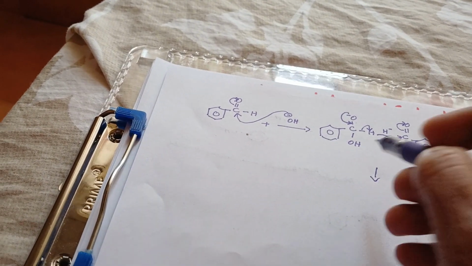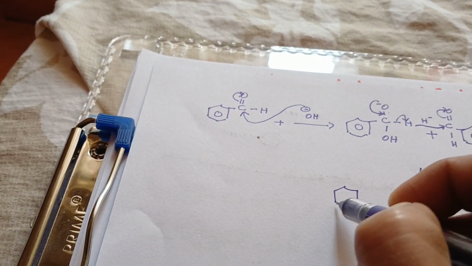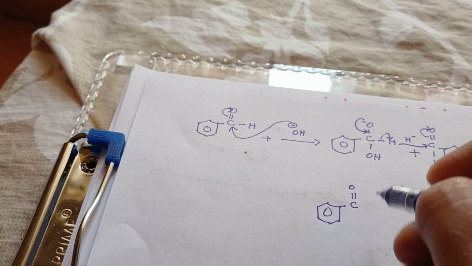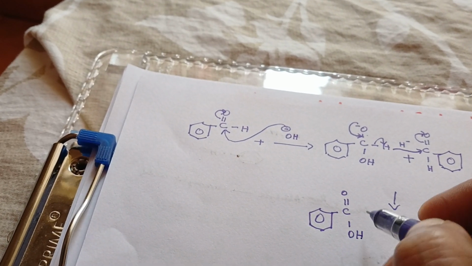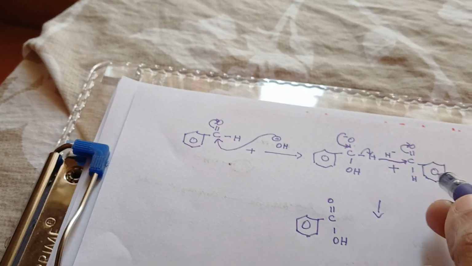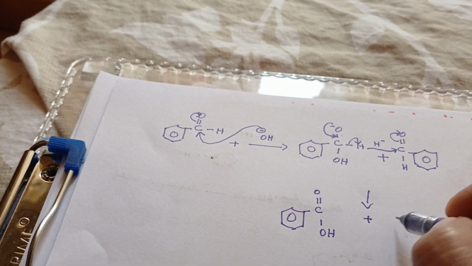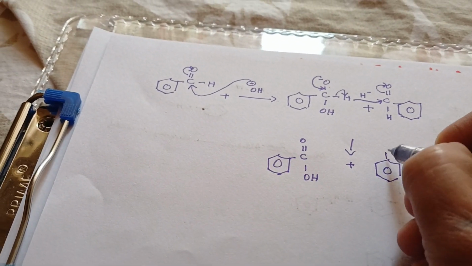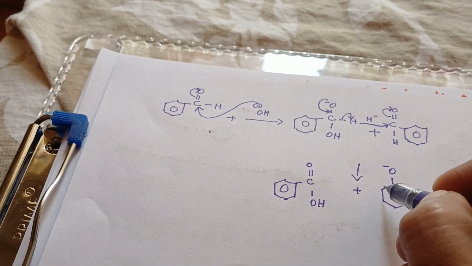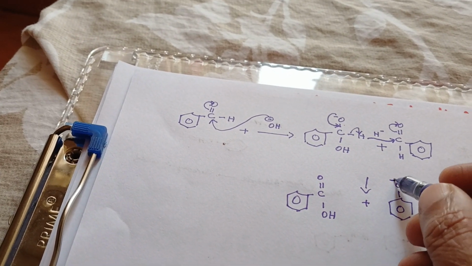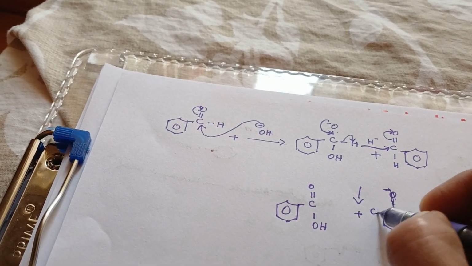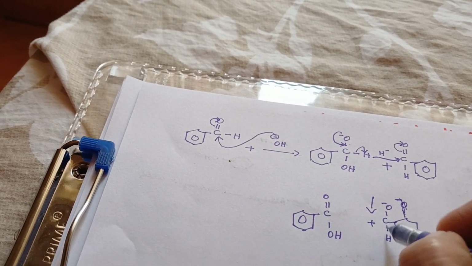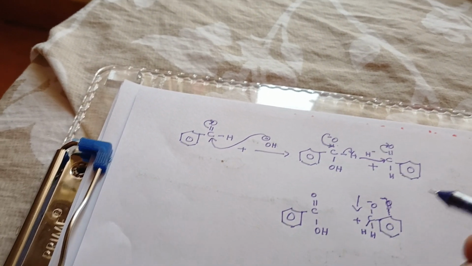Now let us see. We will be having this with carbon, double bond O and OH. But this hydrogen is gone as the hydride, and you are having this benzaldehyde molecule with carbon, O minus, and one hydrogen here, and the hydride ion which shifted from there has got here.